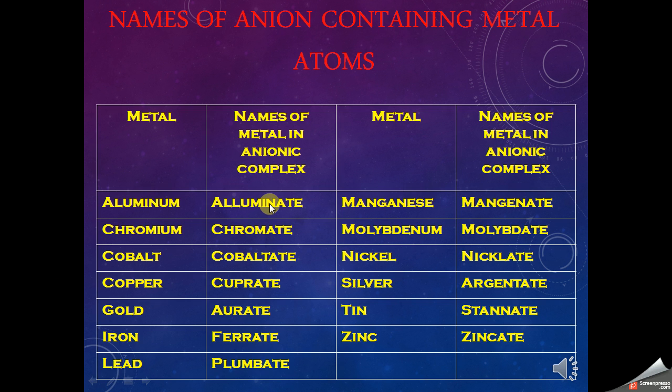First one is aluminium, aluminate; chromium, chromate; cobalt, cobaltate; copper, cuprate; gold, aurate. Aurum is the Latin word for gold. Iron, ferrate; lead, plumbate; manganese, manganate; molybdenum, molybdate; nickel, nickelate; silver, argentate. Argentum is the Latin word for silver. Tin, stannate; zinc, zincate.